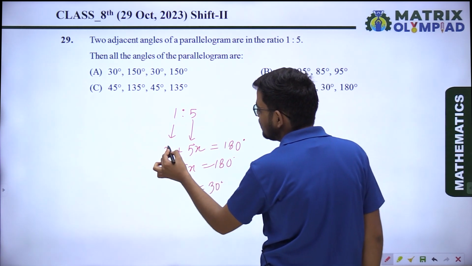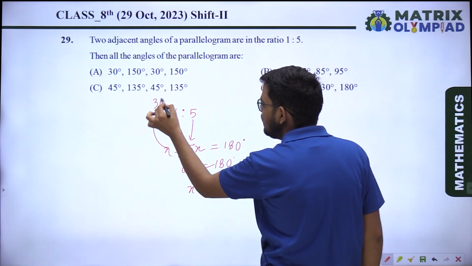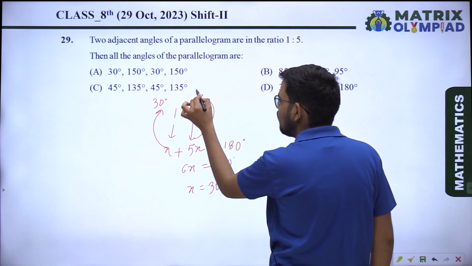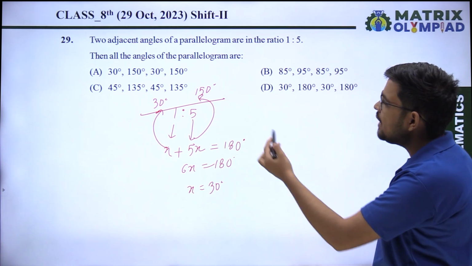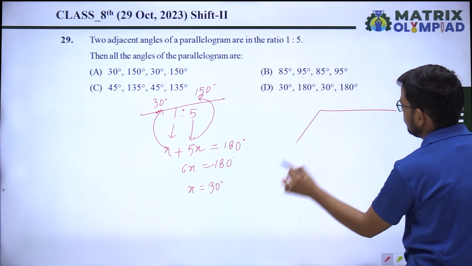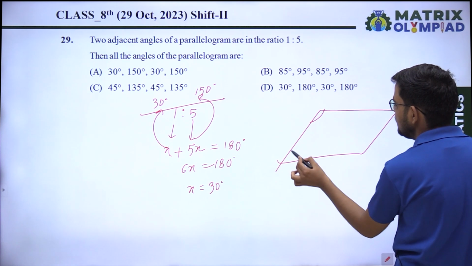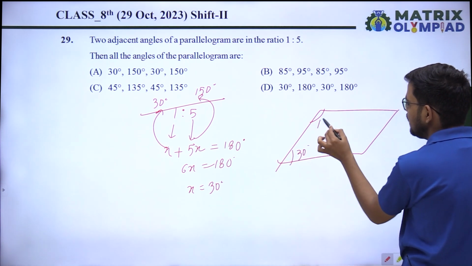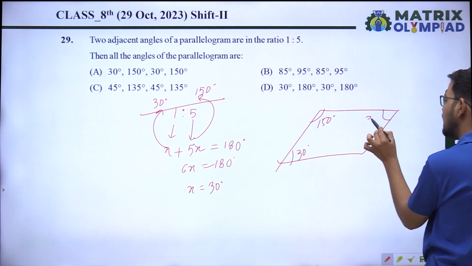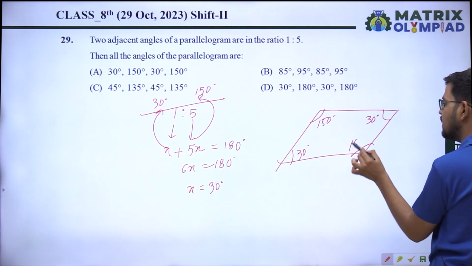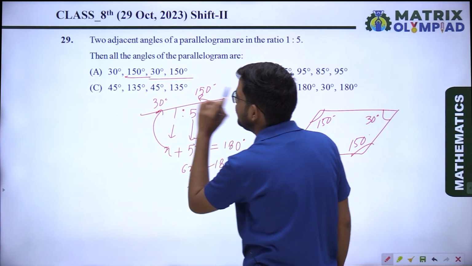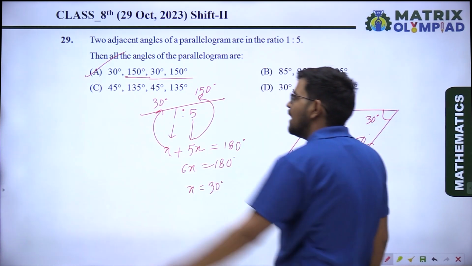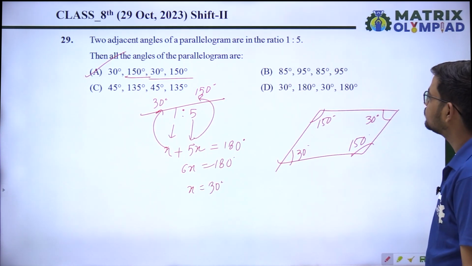So these angles will be 30 degrees and 150 degrees. All angles of the parallelogram: this angle is 30 degrees, this angle is 150 degrees, this one is also 30 degrees and this one is 150 degrees. Option A is the correct answer.